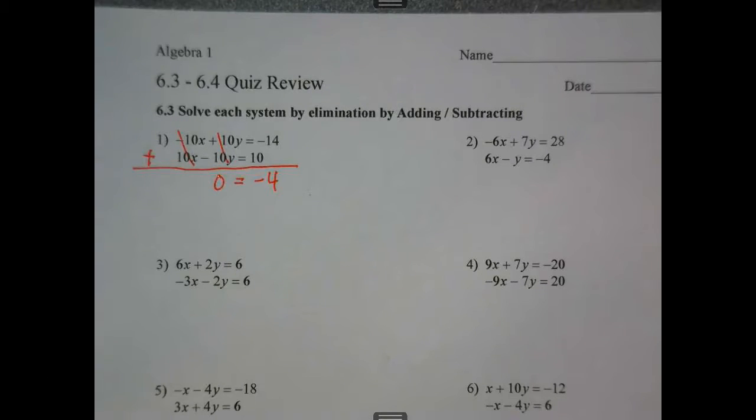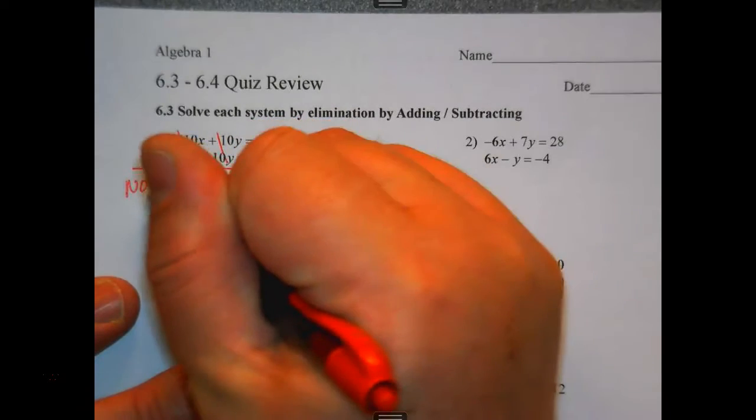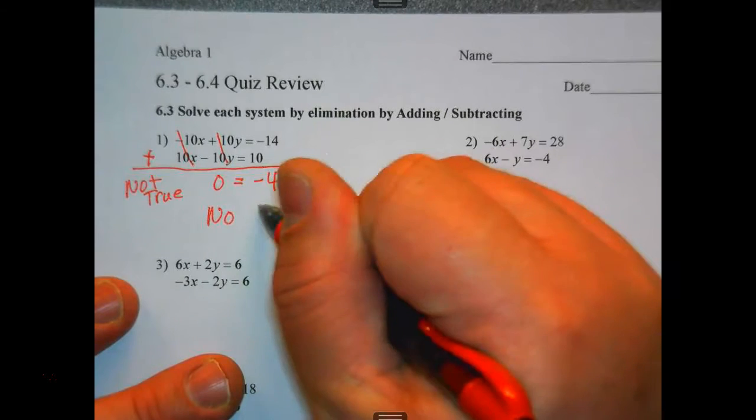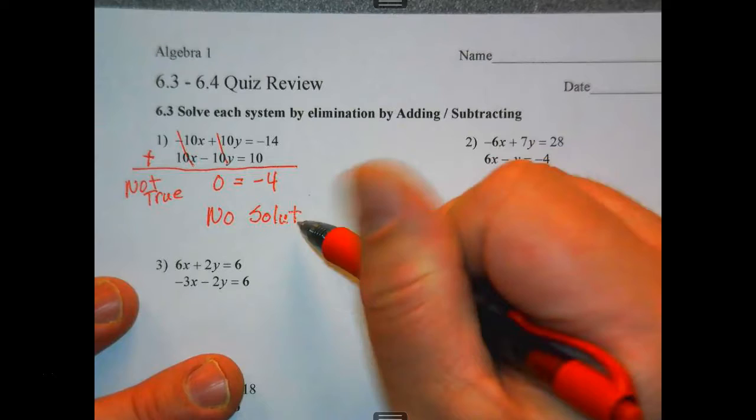I get 0 equals negative 4. You have to ask yourself, is this a true statement or is this not true? In this case, it's not true. So what's going to be my answer here? No solution. We have ourselves some parallel lines.